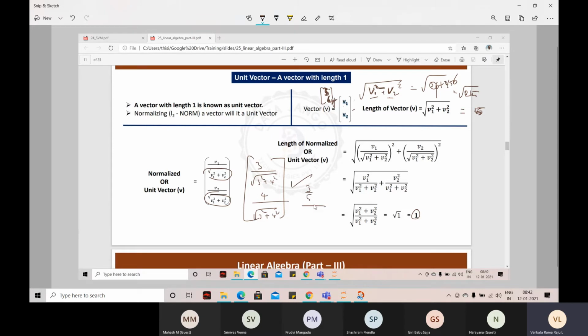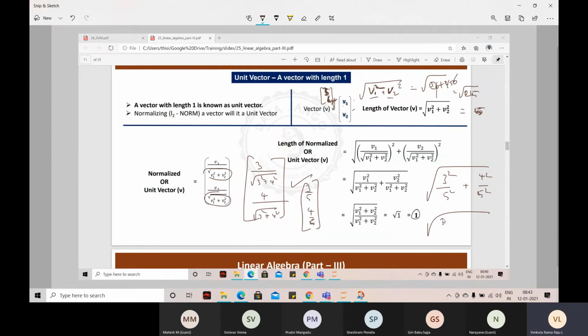Right? This is going to be 4 by 5. I am saying this is a unit vector. How can I say? If I calculate the norm of this vector, it's going to be 1. Square root of 3 square by 5 square plus 4 square by 5 square. Oh, sorry.